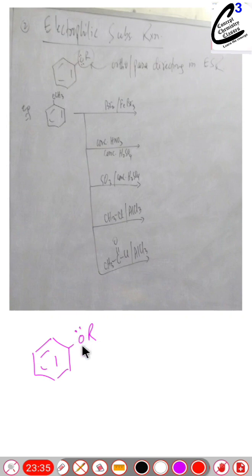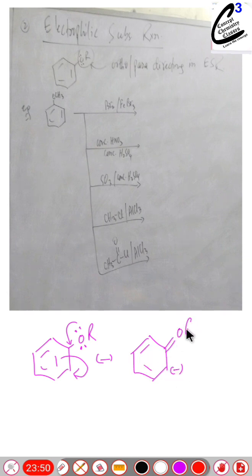This oxygen has a lone pair of electrons, so this lone pair can be delocalized to form like this. This is a negative charge, this is a double bond, OR positive with a lone pair. This can be delocalized again. This is the ortho position to which the negative charge is there.